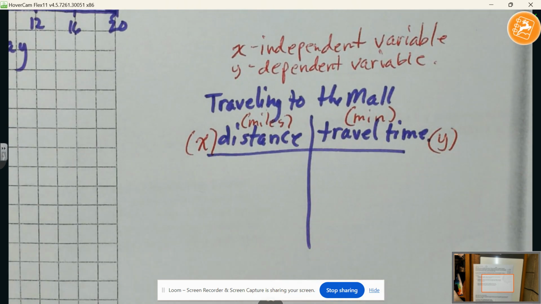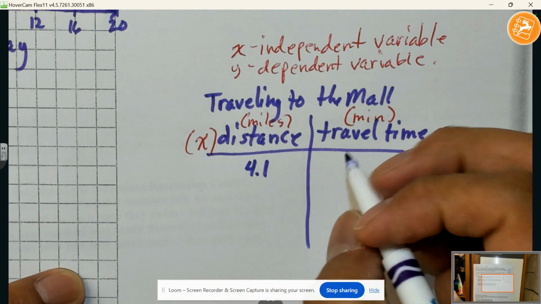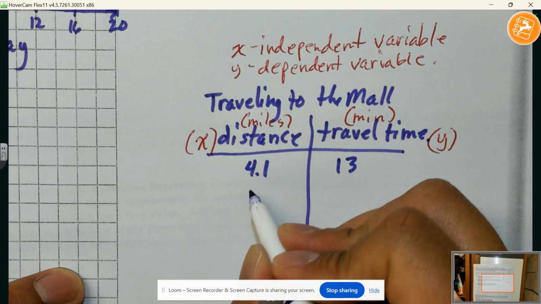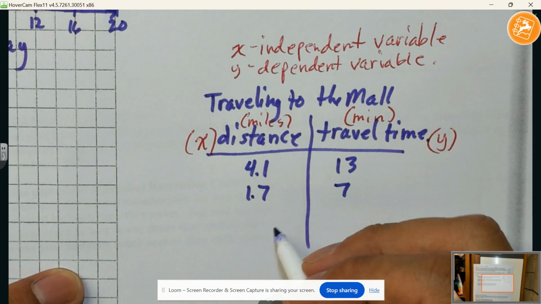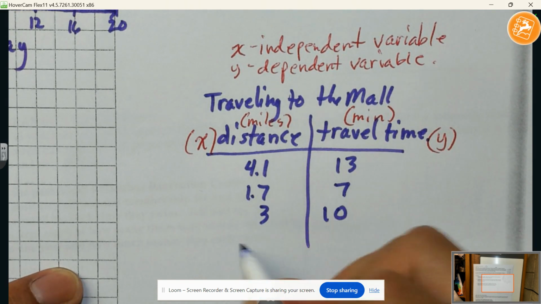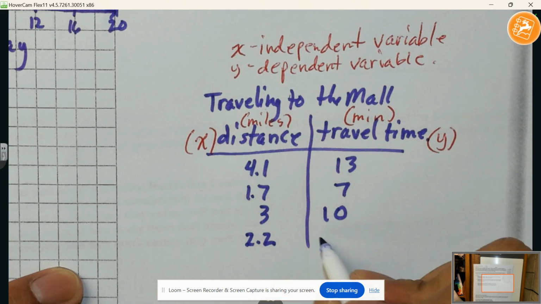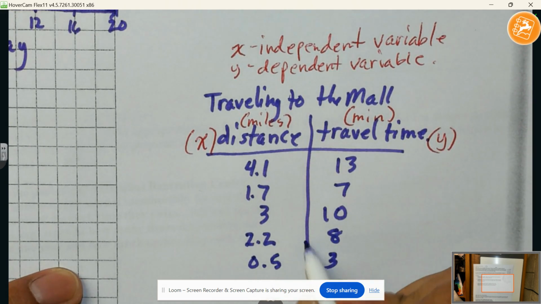Okay, so here are our distances. We have 4.1 miles away, it took them 13 minutes. 1.7 miles away, 7 minutes. 3 miles is 10. 2.2 is 8. And 0.5 is 3.